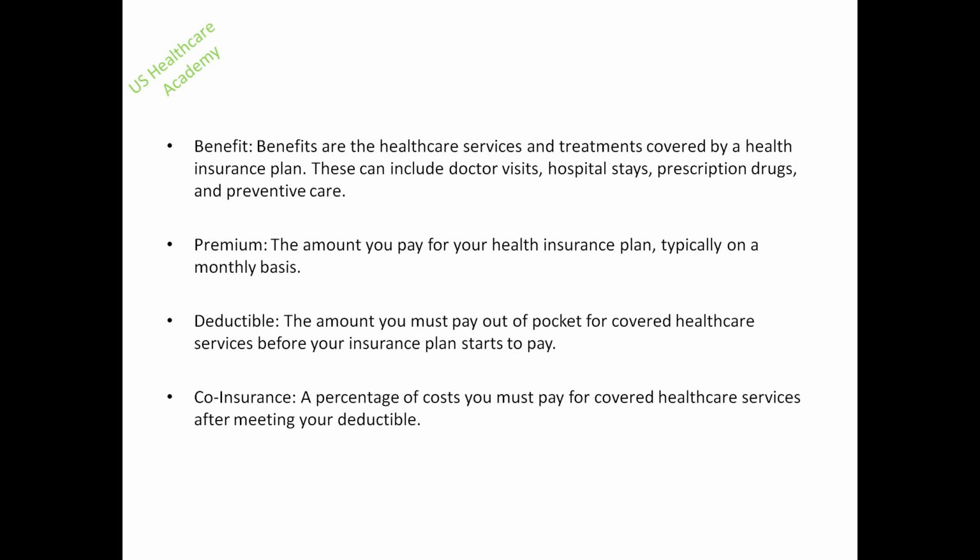So let me share that with you, with an example. Suppose I buy an insurance plan from BCBS, and suppose there are different types of plans: Plan A, Plan B, Plan C, Plan D. Let's say I get $50 per month.